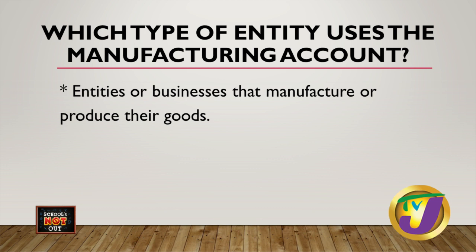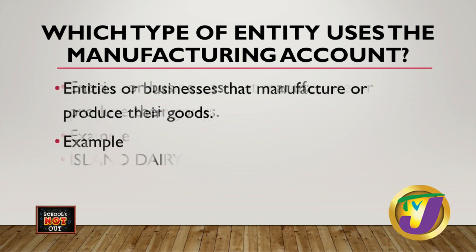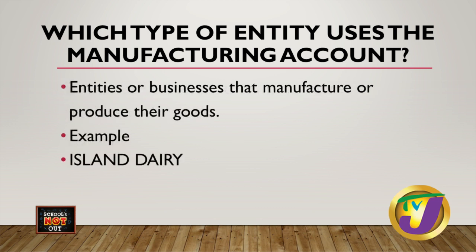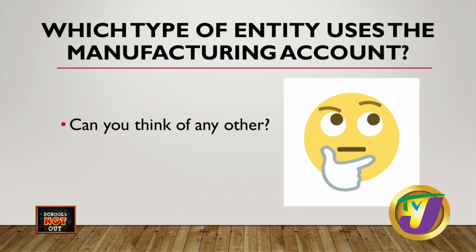Let's look at some examples. An example of this would be Island Dairy, producing its ice cream, its juices, etc. And we can also think of Carib Cement. Good. And can you think of any other?